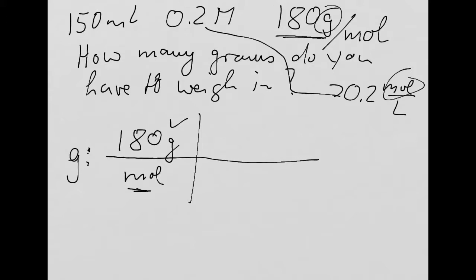Now what we do is, we use a really dirty trick, and we write this so that this mole here and this mole here cancel each other out.